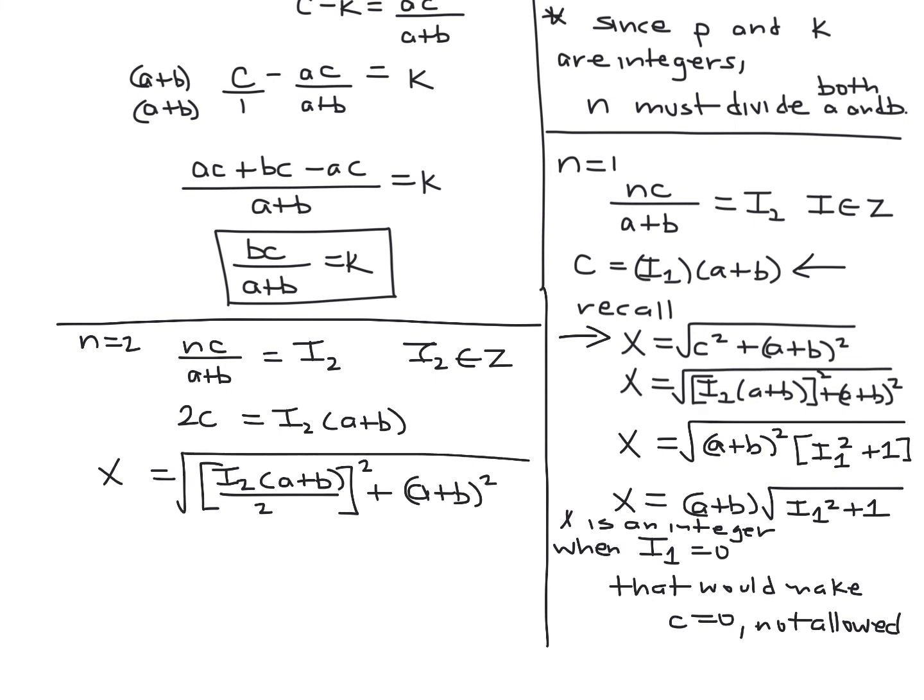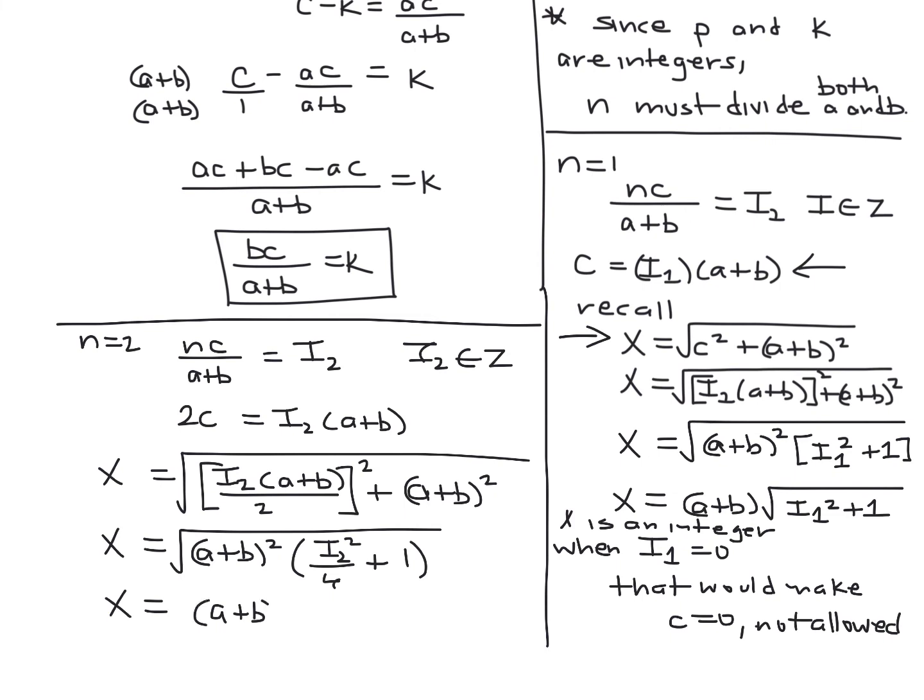So that then if you multiply this all out and factor, you'll get the square root of I2 squared over 4 plus 1. So that means this will be a plus b, and this will be the square root of I2 squared plus 4, and then the 4 can come out as a 2 like this.